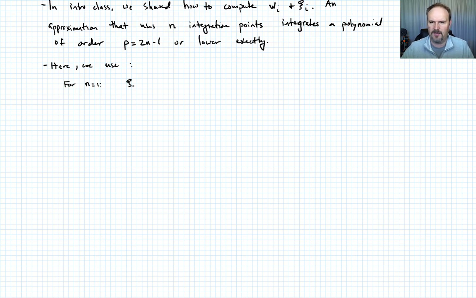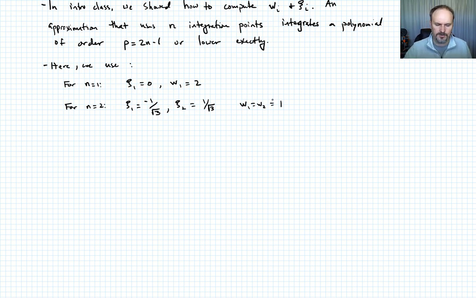So we have that c1 equals 0, and the weight value of that is equal to 2. So in the case of n equals 2, c1 is equal to negative 1 over the square root of 3, and c2 is equal to 1 over the square root of 3, and then w1 is equal to w2 equals 1. Okay? So those are our pre-computed values.